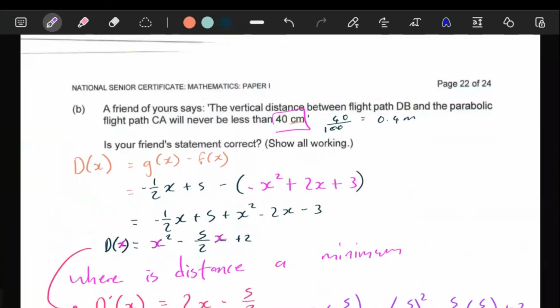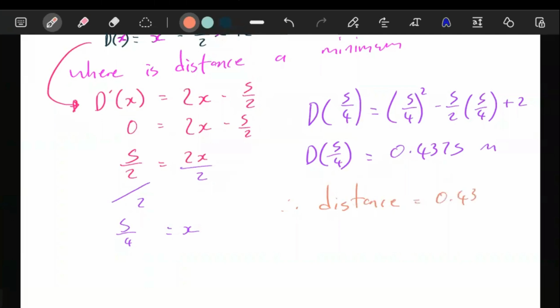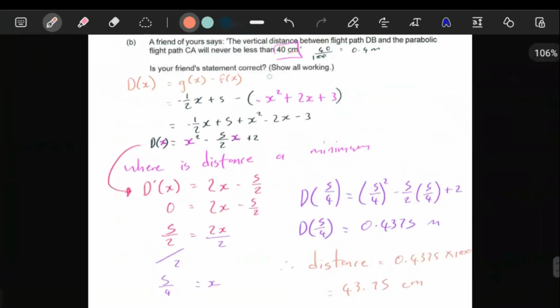That's good enough, because here we're getting 0.4375. Remember, this is in meters. And then in centimeters, the distance is going to be equal to 0.4375 times 100. If you times this by 100, you're going to get 43.75 centimeters, and this is not less than 40.